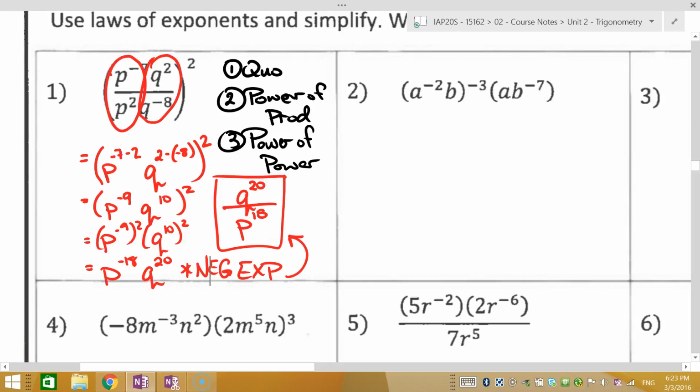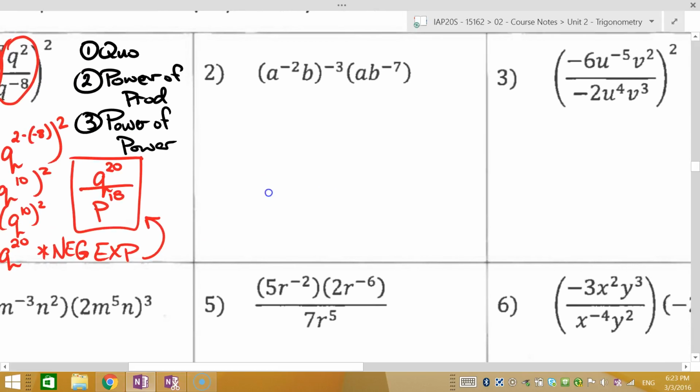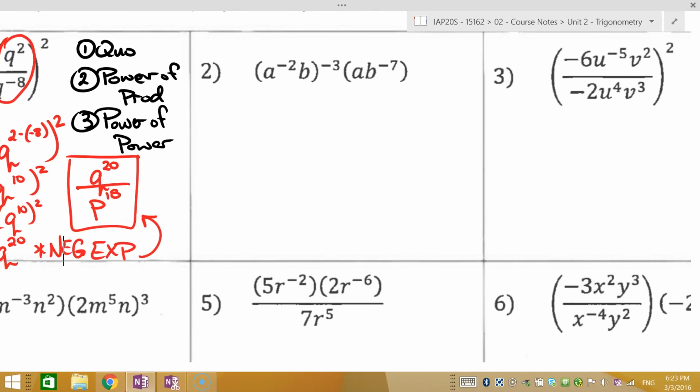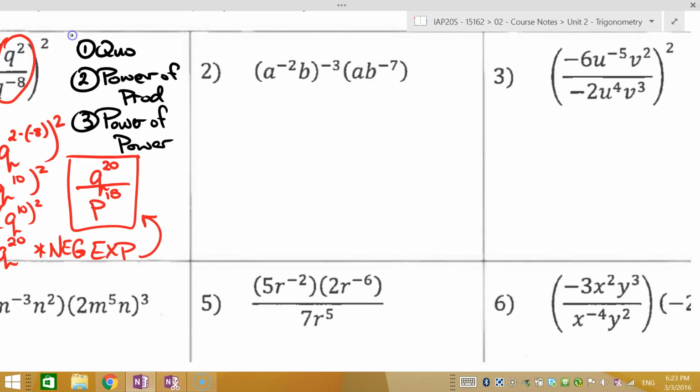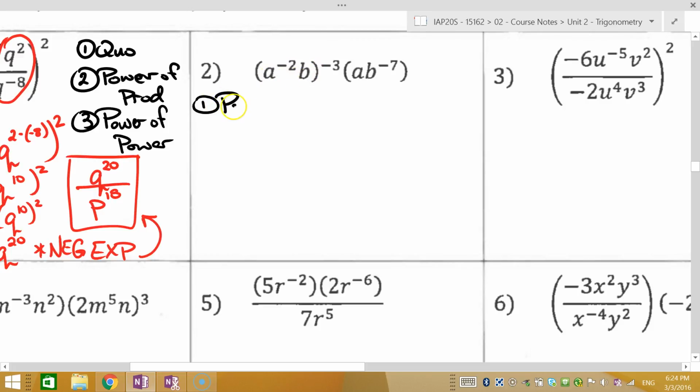Looking at question 2, it's slightly different because of how it's formatted. I'm actually going to tackle it in a different order. So again, I'll use black to kind of lay out my plan. Number 1, I see I've got an exponent outside of this product. So I've got a power of products, and I'm going to deal with that first so that I'll be able to then piece together these 2 separate halves that are multiplying.